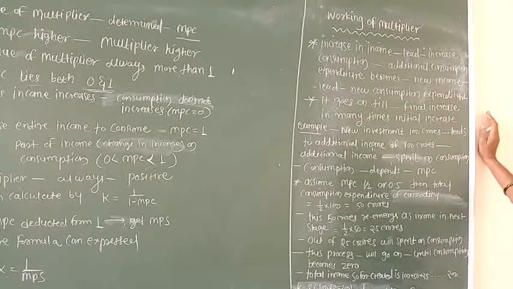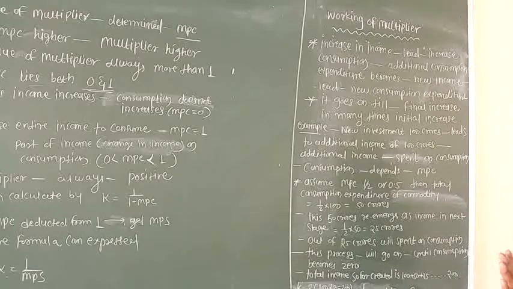If the consumer's income increases, he spends some part of it on consumption, and this additional expenditure becomes the new income of some other person, and this new income leads to new consumption expansion.